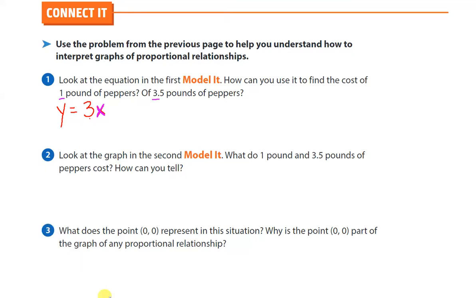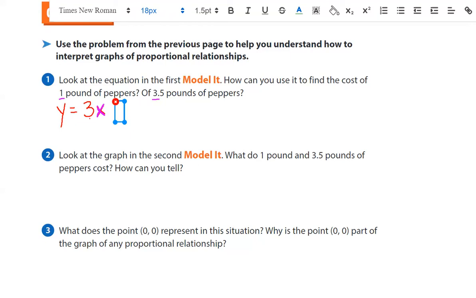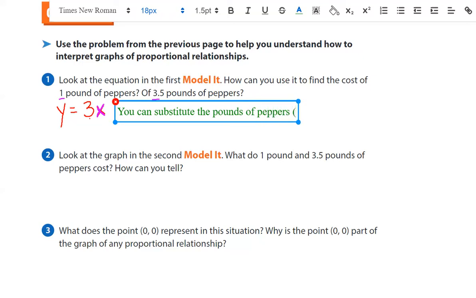So how do we want to do it? Let's just explain it. I got my text tool so it's nice and tidy, and say you can substitute the pounds of peppers, 1 or 3.5, for the x.